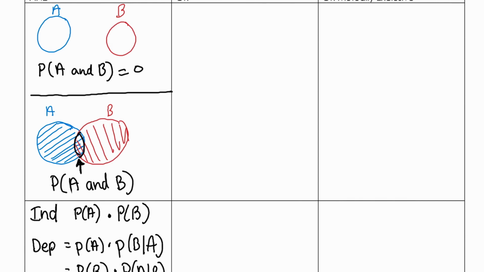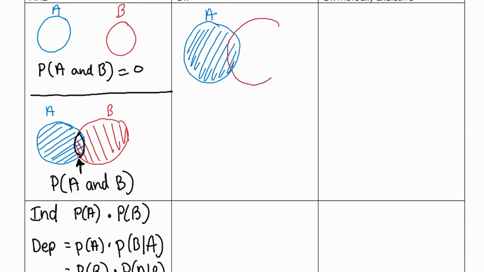Now let's go through the or statement. If I have an event A and I have an event B, and it's set up where there is some overlap.